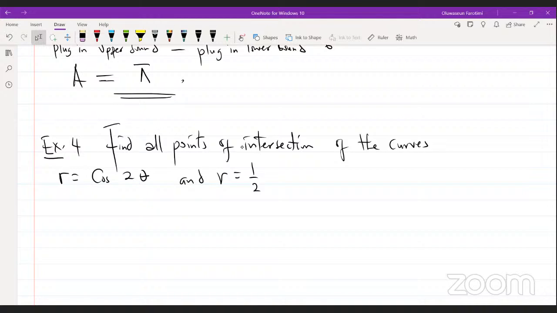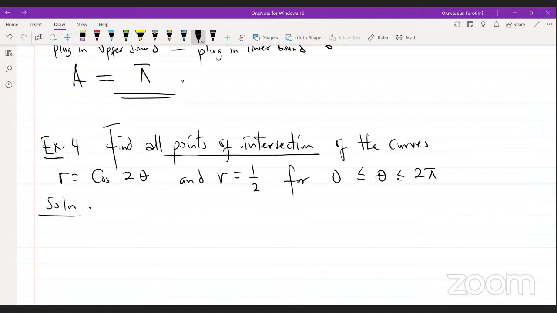Of course, 1/2 is just a constant, right? Your angle theta is between 0 and 2 pi. So now remember, the question is to find all points of intersection. So now take a look at what we do in this case.